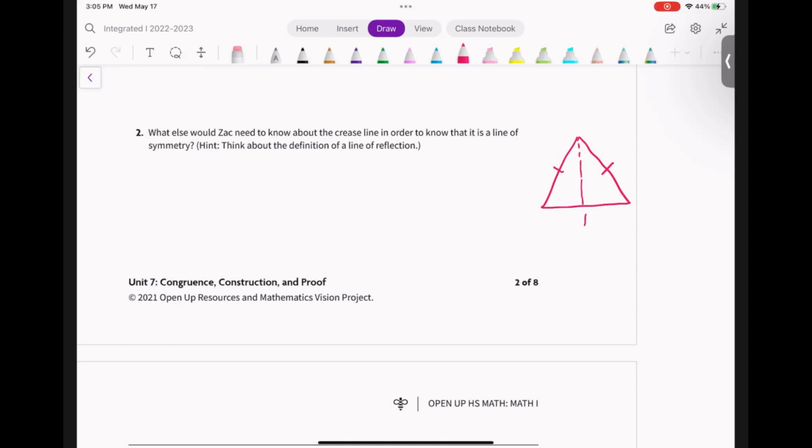If you remember from a couple sections ago, when we were talking about reflections, there was something interesting about, let's just say this point here and this point here, when I connected those two points and the line of reflection. If you remember, these two lines had to be perpendicular. They had to be perpendicular.